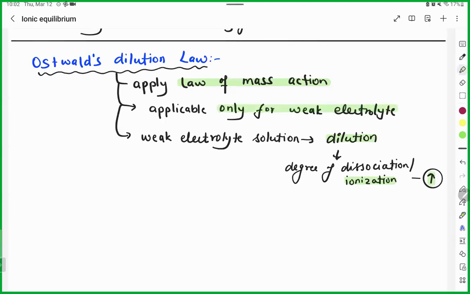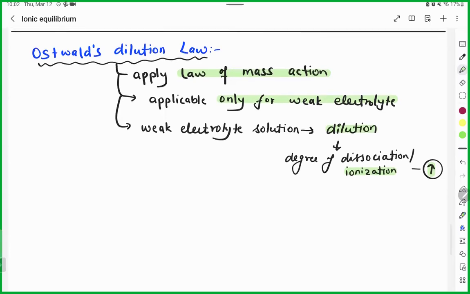Not only this, whatever topic we read in any equilibrium is applied to weak electrolytes only. Whenever you increase dilution, as in electrochemistry, conductivity will increase, right? On dilution, conductivity increases because there is free movement of the ions.